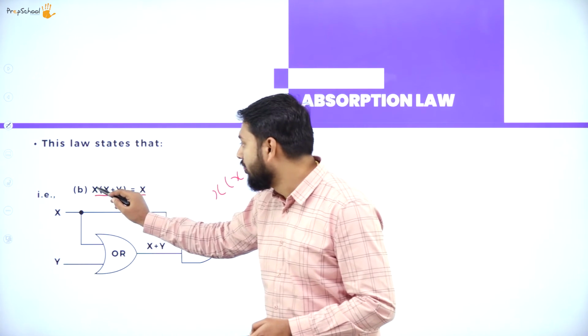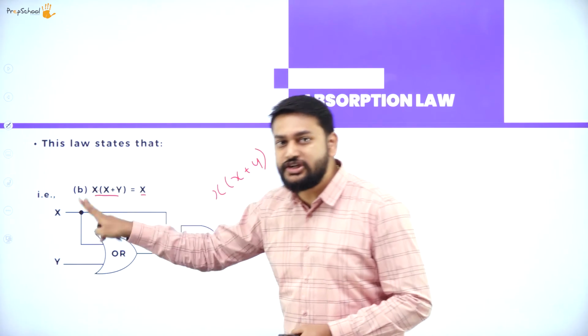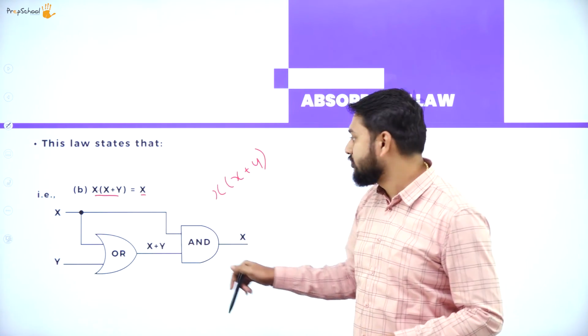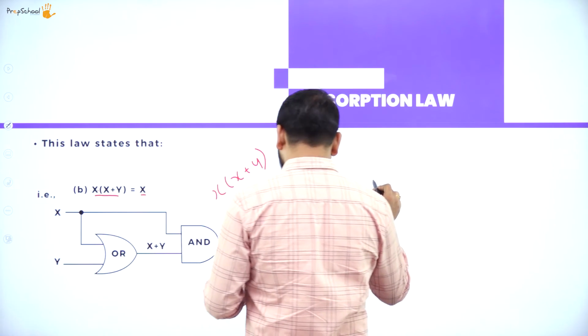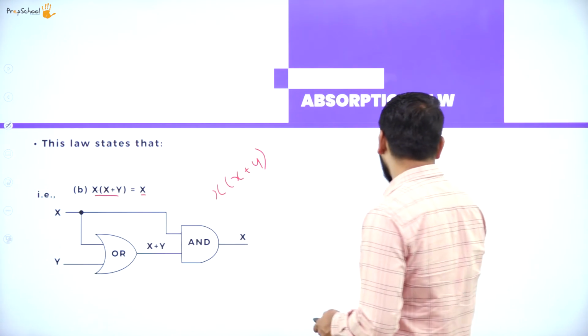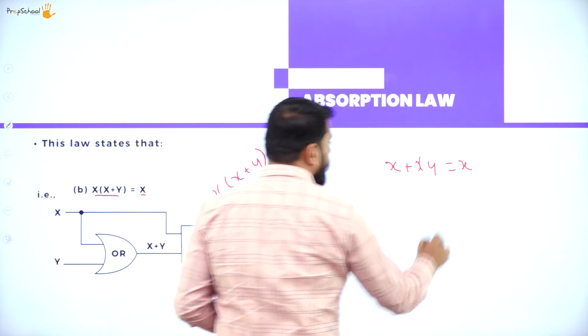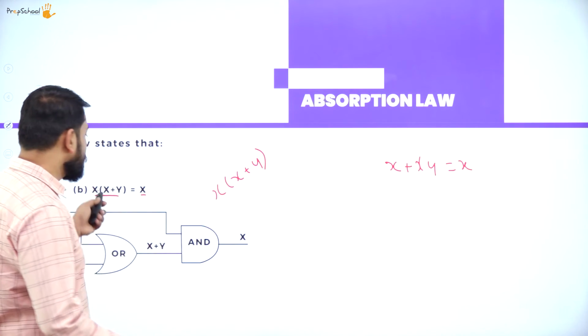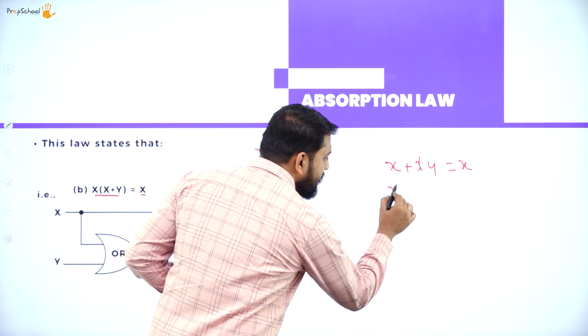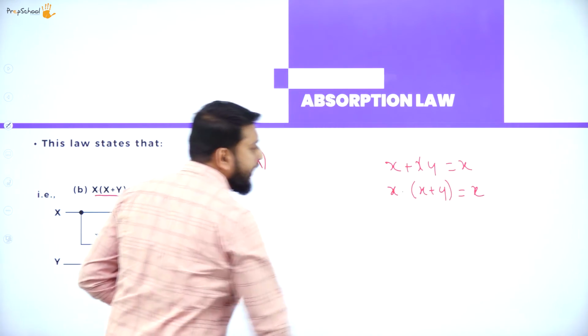Please observe here. Instead of plus here, I had multiplication; I'm just interchanging. Let me write and show you. I had x plus xy. So x into x plus y is equal to x.